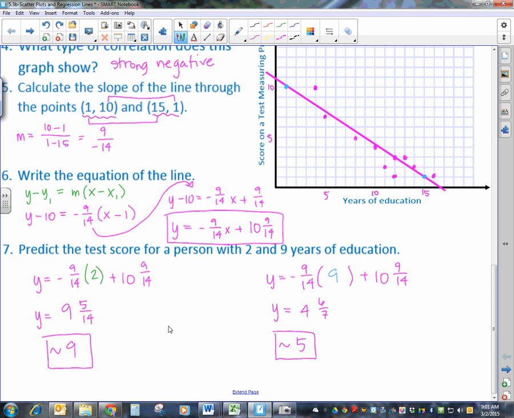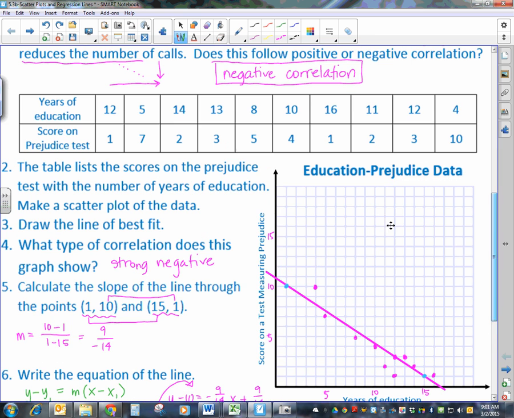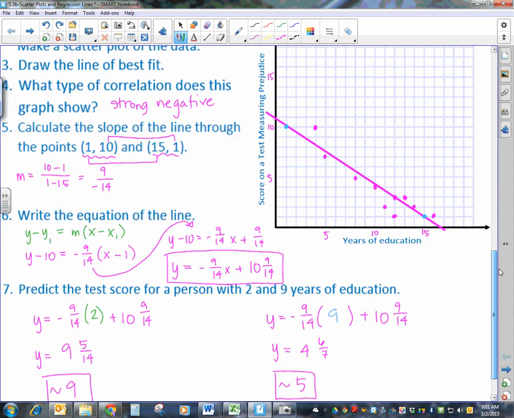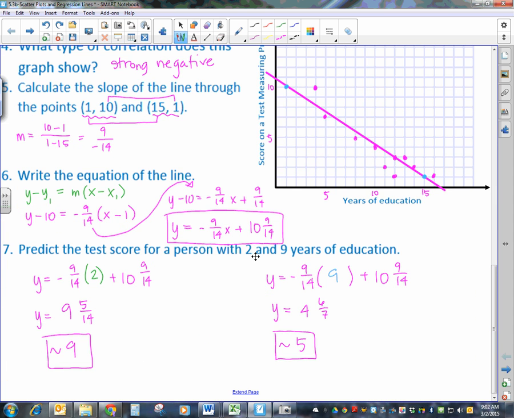And the last thing you need to know, that when you use one, you need to know the difference between extrapolation and interpolation. Our data, if you look at our x values, our data goes between 4 and 16. So when they asked us to predict, 2 is outside of our data between 4 and 16.